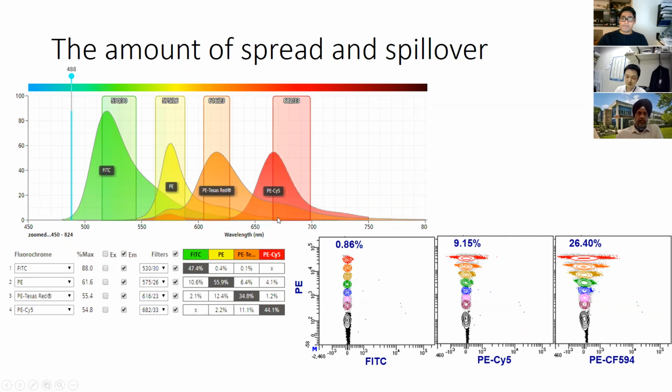It also has a tail getting into this channel, PE-Cy5, which is this part. This part is obviously smaller than that one. That's why we increase the intensity of PE. This signal is decreased, not as much as this one, but still higher than PE. We call this phenomenon spillover.